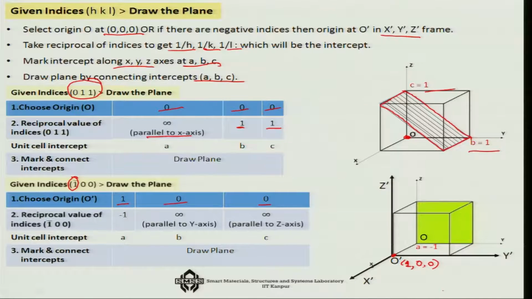This is the point O prime. Now, what is the reciprocal of 1 bar 0 0? That is minus 1, 0, 0's reciprocal. So, minus 1 is the first reciprocal, then infinity and infinity as the other two.